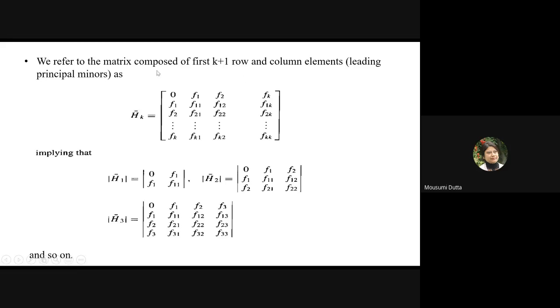Suppose you have a one by one matrix, in that case you have to add one more row and column. It means you need to add the border.